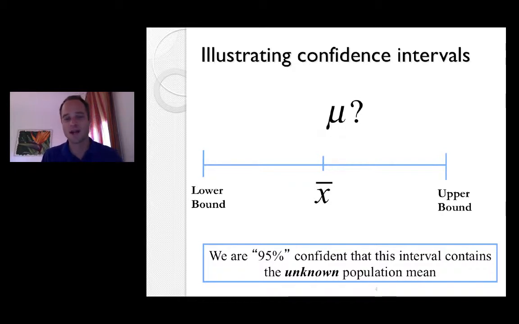Because we're going to work through our knowledge of sampling distributions from a previous lesson, and we realize that if this sampling distribution is normal, then with our knowledge of the empirical rule and how the z-table works, we can calculate an upper and lower bound that we're 95% confident is going to contain the true value.